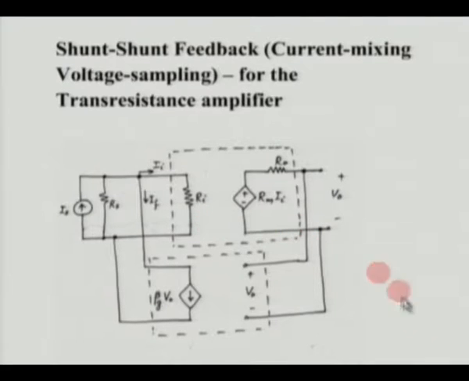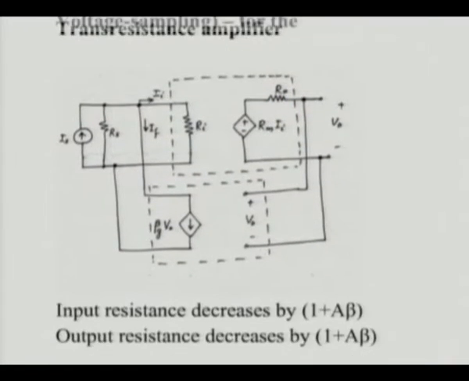Similarly, on the output side, we have a voltage here, and we are sampling a voltage, and whenever we do a shunt connection here, the output resistance goes down. This being a voltage, we know the ideal R naught should be 0, so it would go towards that direction. So, in summary, in a shunt-shunt feedback amplifier, the input resistance decreases by 1 plus A beta, and the output resistance also decreases by 1 plus A beta.